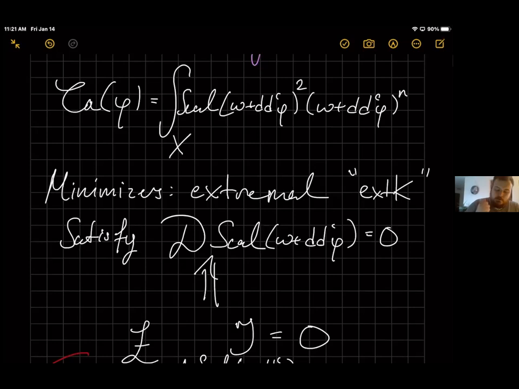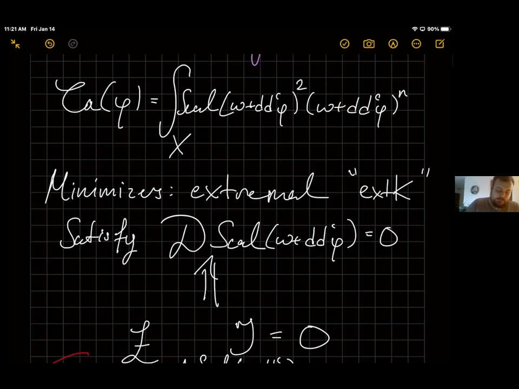And I want to compute the L2 norm of the scalar curvature. That involves computing the scalar curvature, squaring it, and integrating against the volume form of this new Kähler metric that you've chosen. And he sought to minimize this functional, which he actually showed: if you minimize the scalar curvature's L2 norm, then you'll actually end up minimizing the L2 norm of the Ricci and the Riemann curvatures as well.